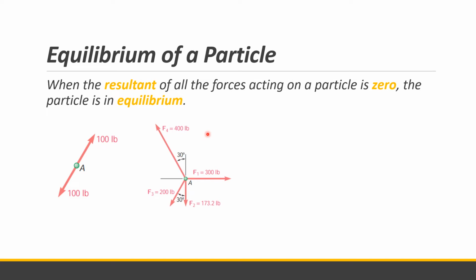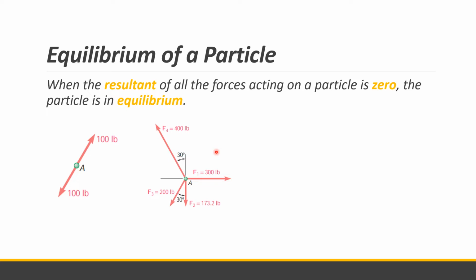Another case of equilibrium of a particle is represented in this figure where four forces, F1, F2, F3, and F4, as shown, are acting on particle A. The resultant of the given forces is determined by the polygon rule.